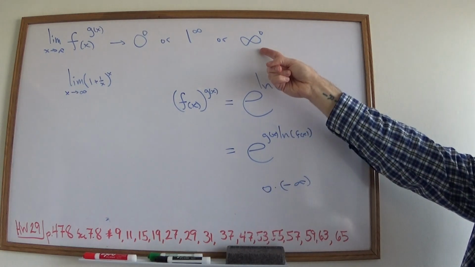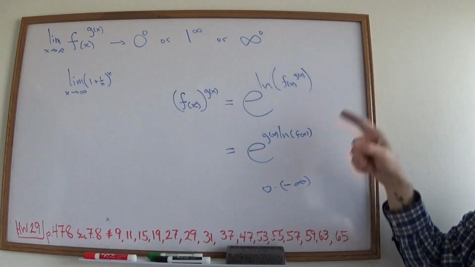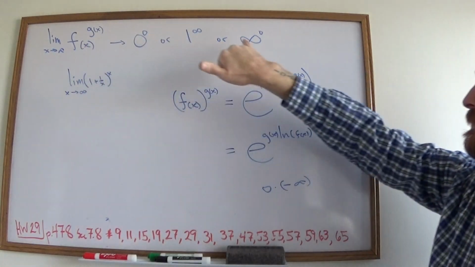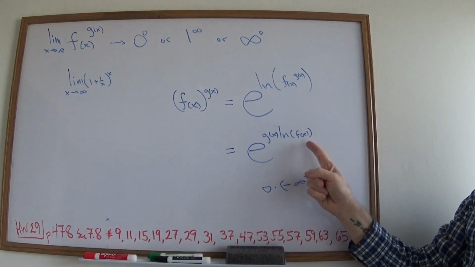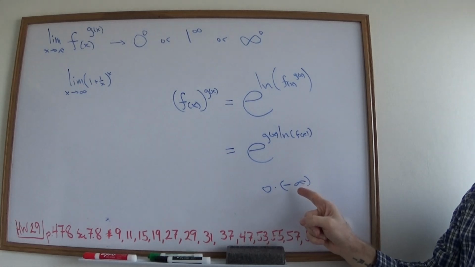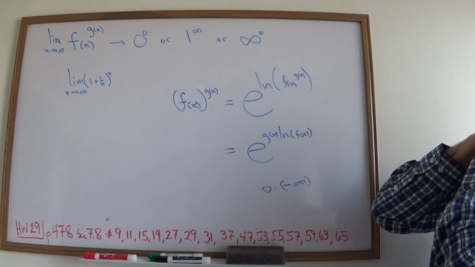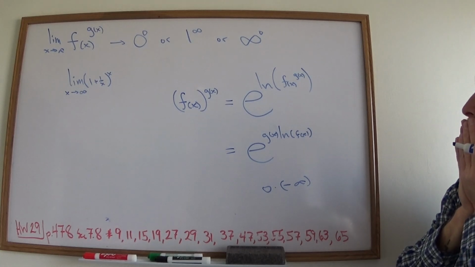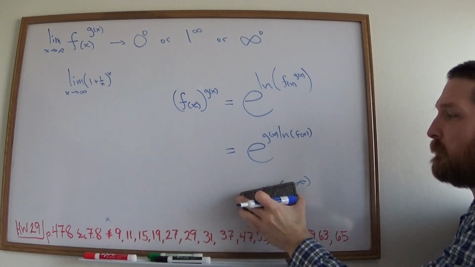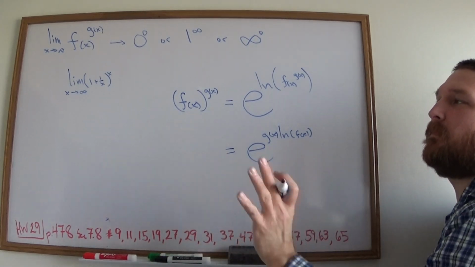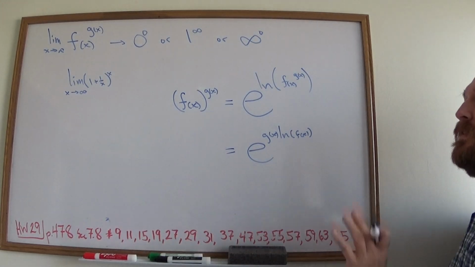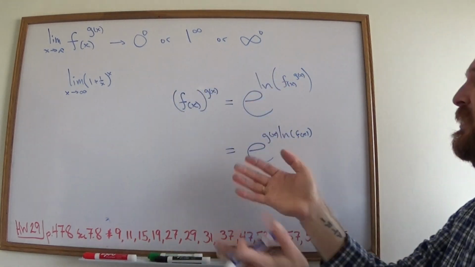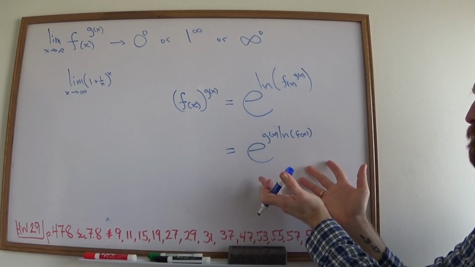It would be like 1 to the infinity, e to the infinity, and the g is going to 0. You see what I'm saying here? It'll become clear in a second. This is what you need to remember: just look at your thing, do this. It's going to work every time.